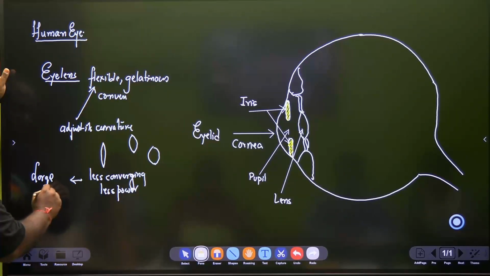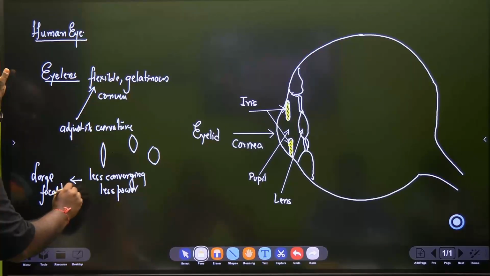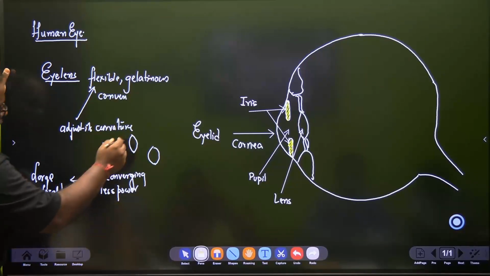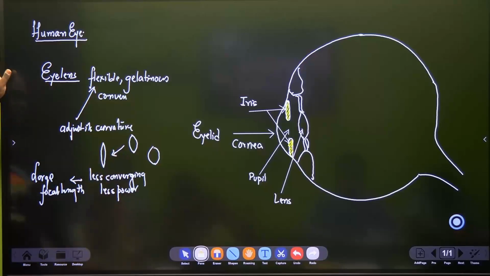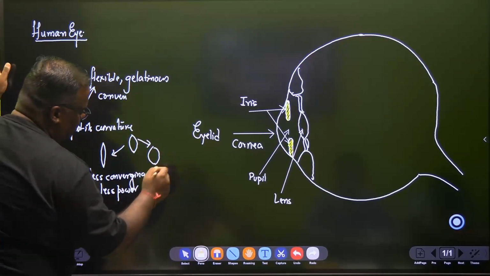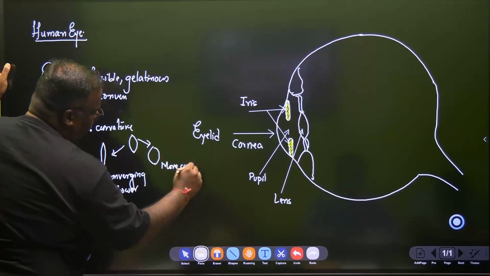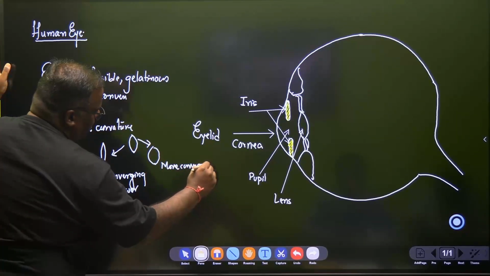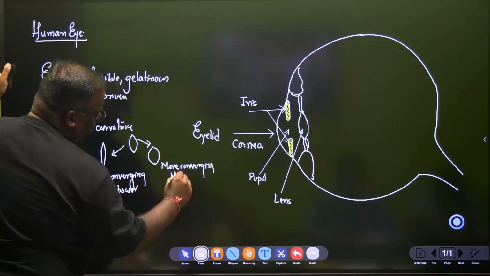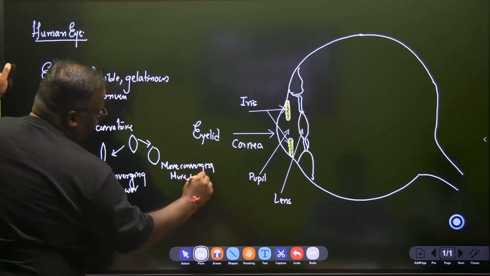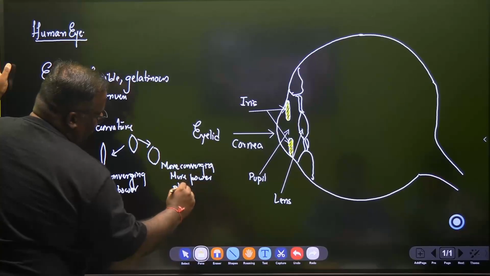This is where nature has blessed us like anything. The same lens, if we want, we can make it less converging, and if we want, we can make it more converging. This will be more converging, which means it has more power, and more power means short focal length.